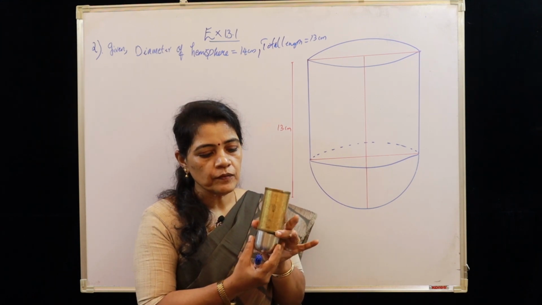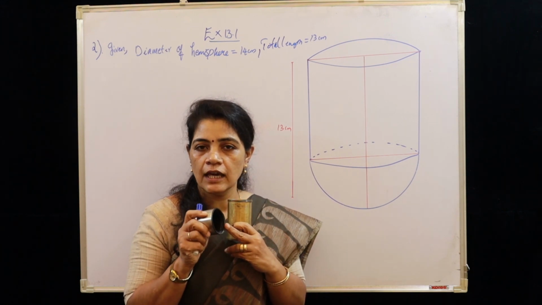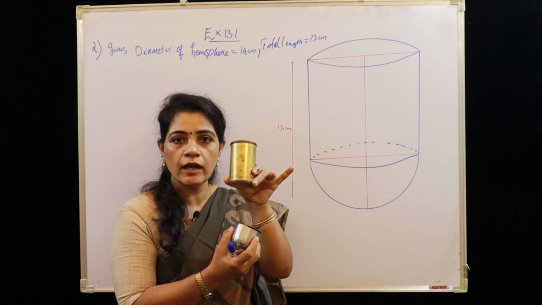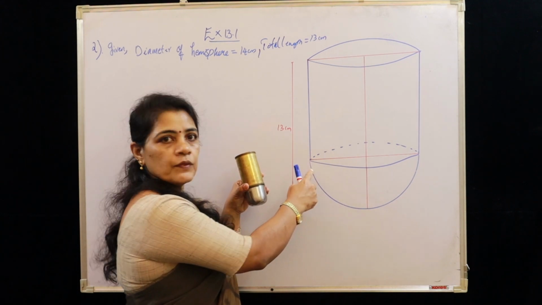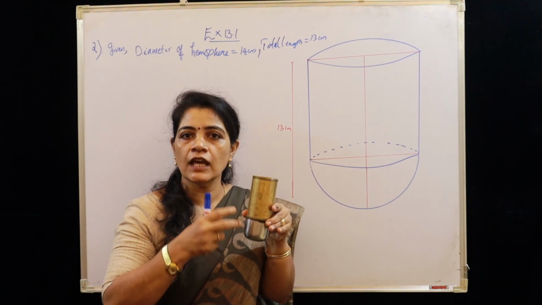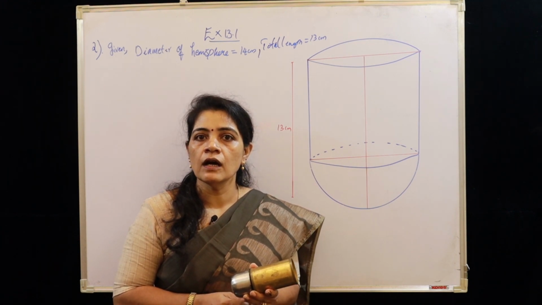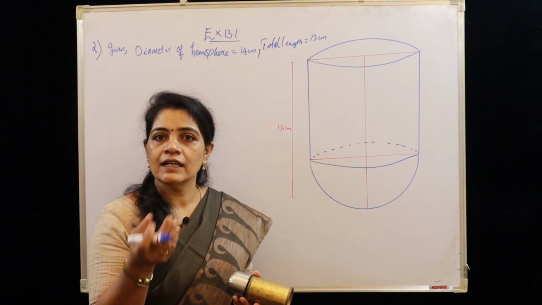From this it is very clear, since the diameter of the hemisphere is given as 14 and the hollow cylinder exactly coincides with it, see the figure. That means the diameter of the hemisphere is equal to the diameter of the hollow cylinder, and that equals 14 centimeter, which is given.